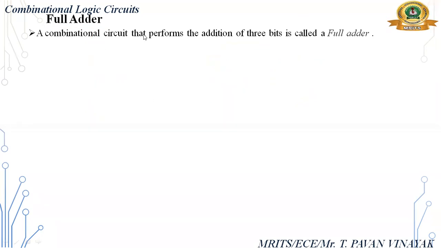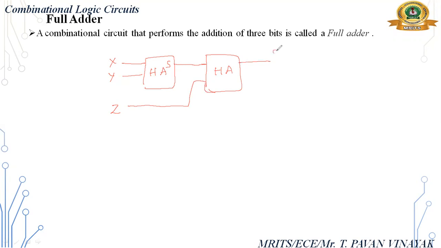See, first half adder and second half adder. X, Y. For the second adder, we give Z. Then what is the first input? Output of this one, right? Sum is given to here. So sum, carry.